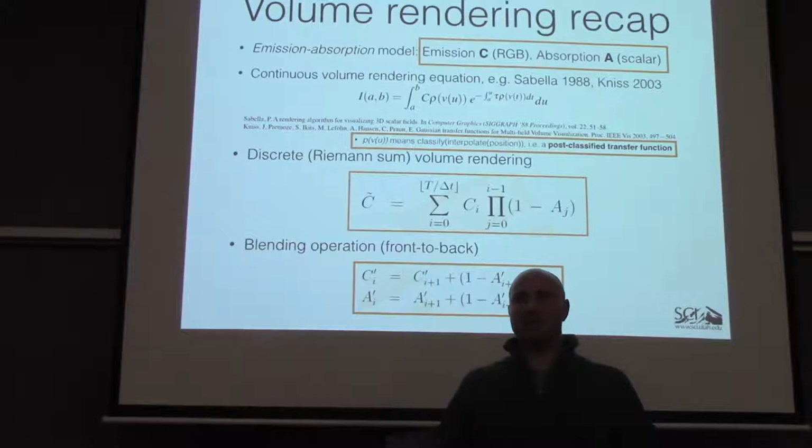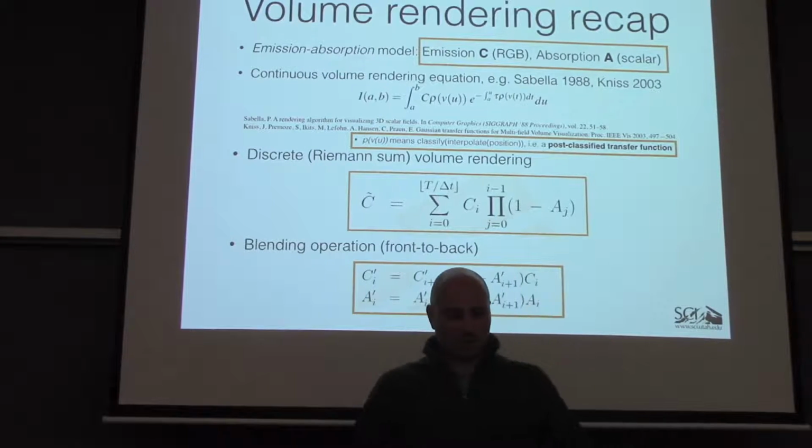These are probably the most important formulas and general concepts to remember from volume rendering. The key thing is that it's an emission absorption model, and emission refers to the color. Absorption refers to the alpha, which is a scalar value.